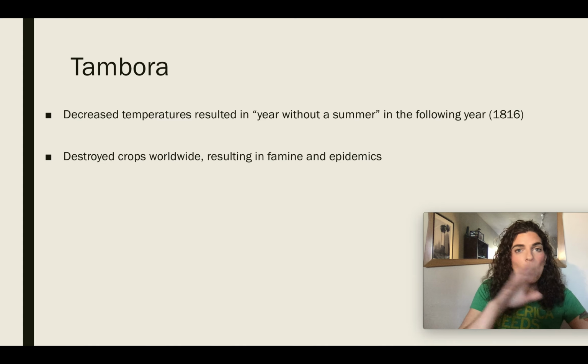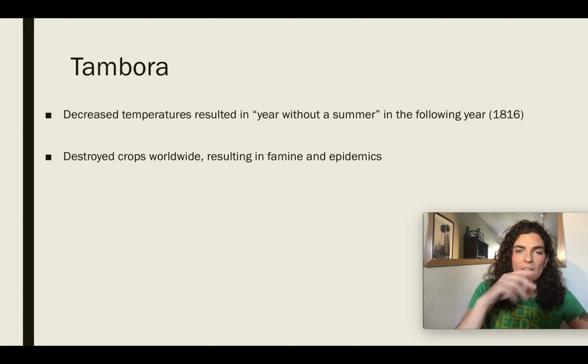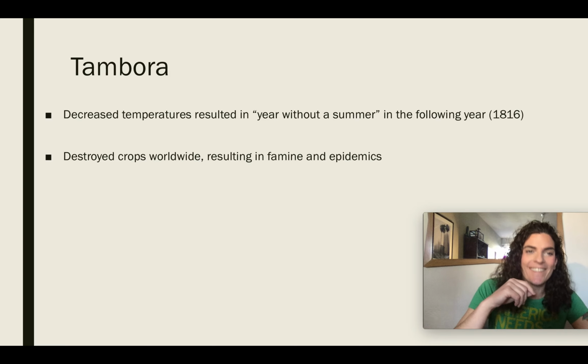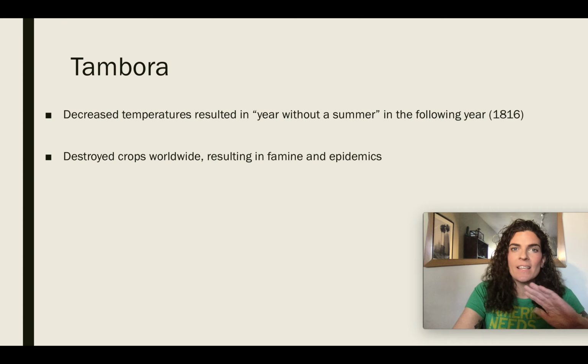It was a very cold, rainy summer in the northern hemisphere, especially where most of our understanding of the climate effects come from, since most people live in the northern hemisphere. Anyway, it also destroyed crops worldwide, resulting in famines, epidemics, perhaps even a pandemic.